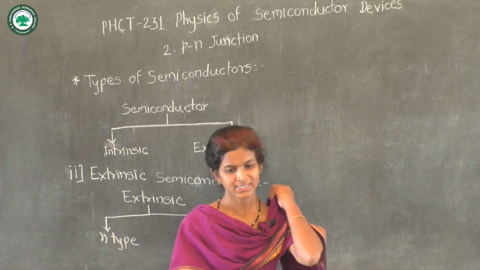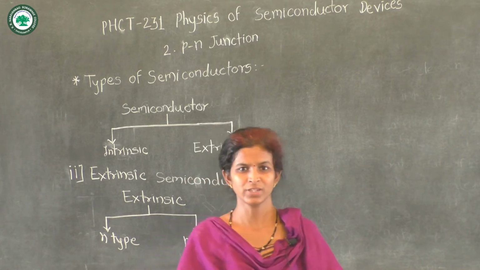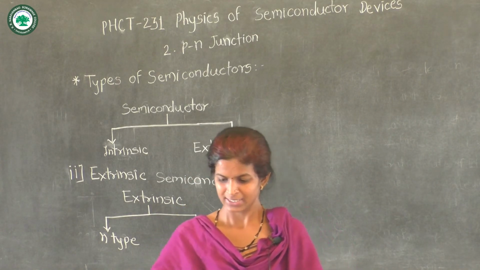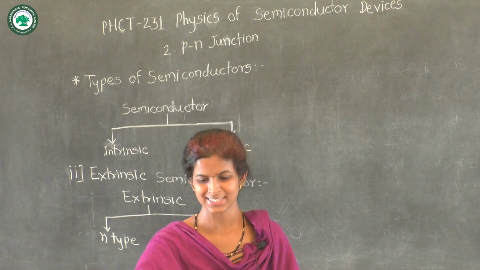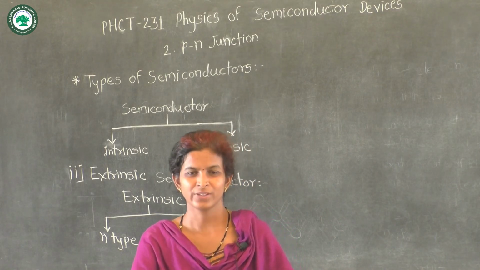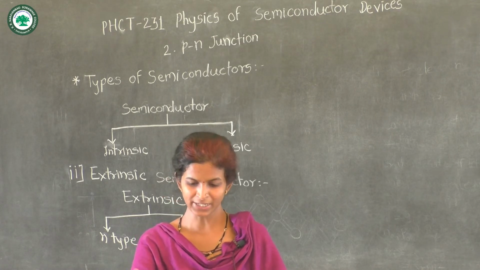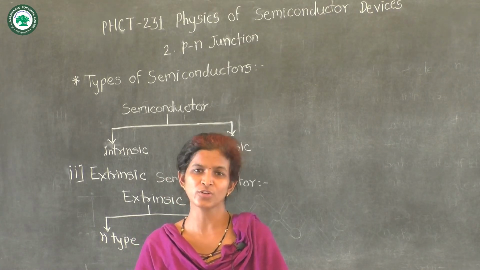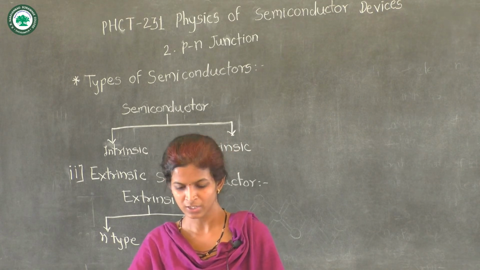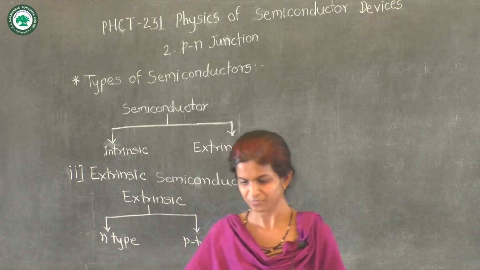So this is another way in which the carrier concentrations within the semiconductor get slightly varied by the introduction of group 3 impurity or group 5 impurity.